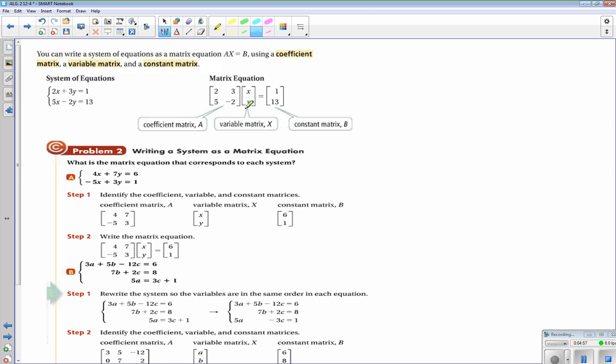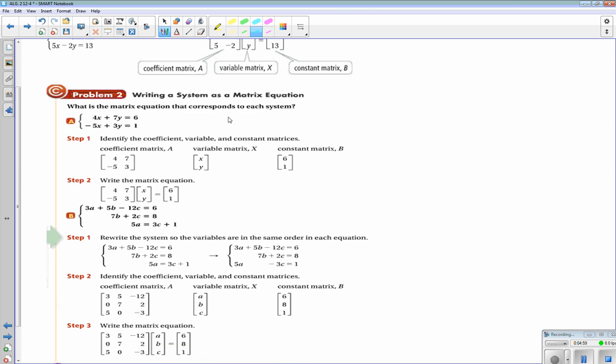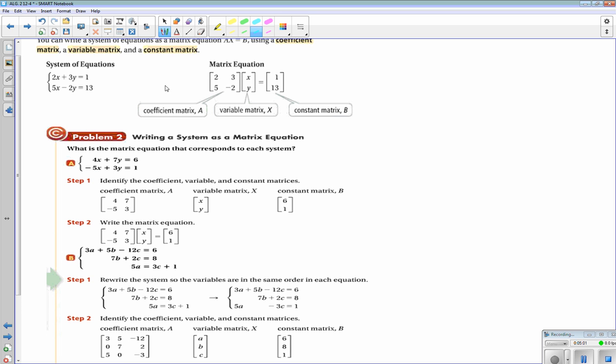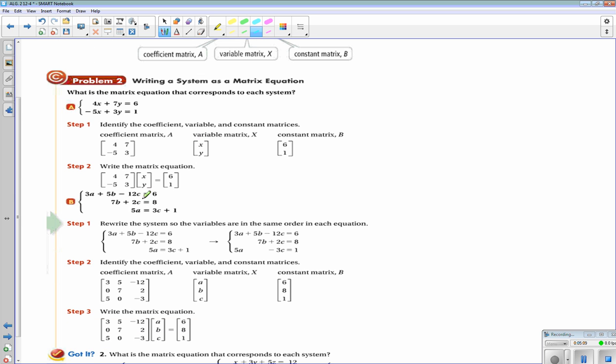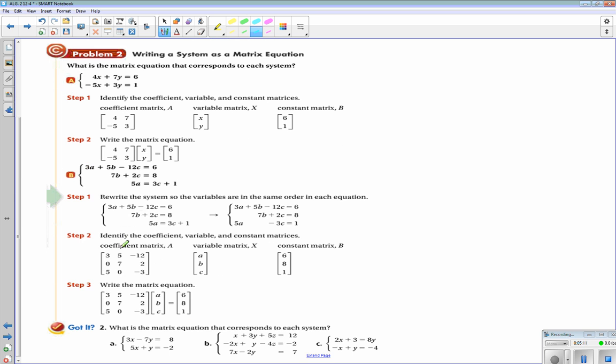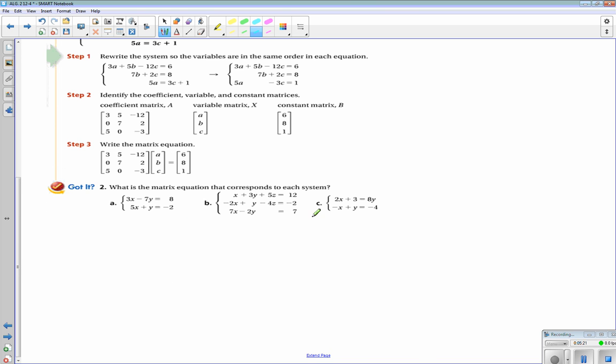Then I can solve this system by multiplying both sides by the inverse of A. This works not only with a 2 by 2, but also with a 3 by 3. Let's do a 3 by 3 together.